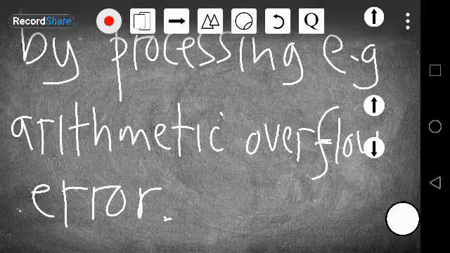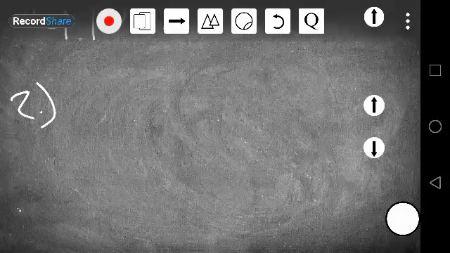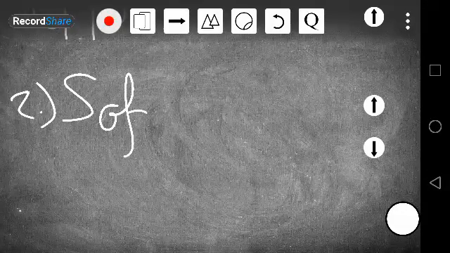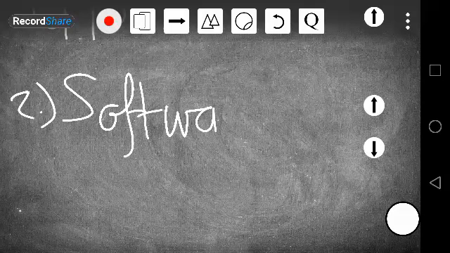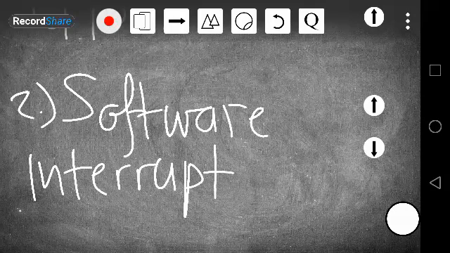We move to number 2. We have what is known as the software interrupt. Okay, now what is a software interrupt?